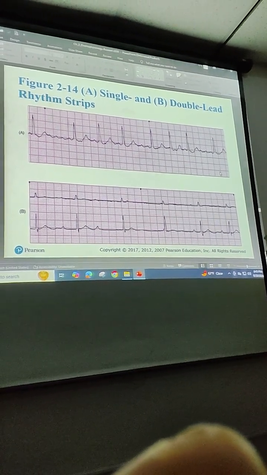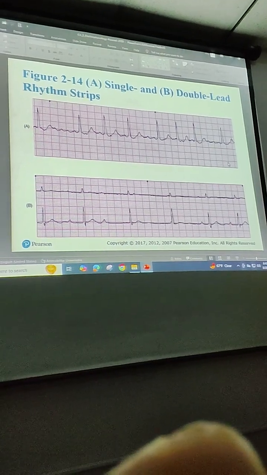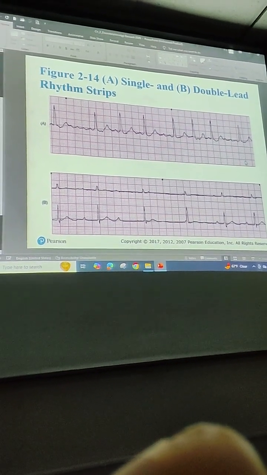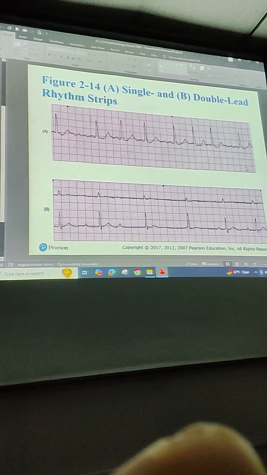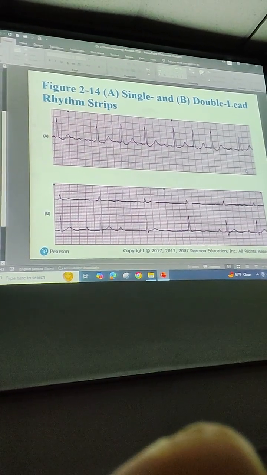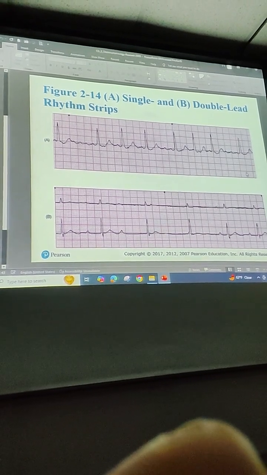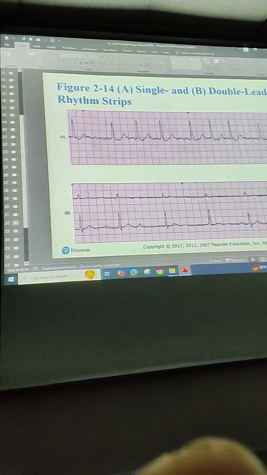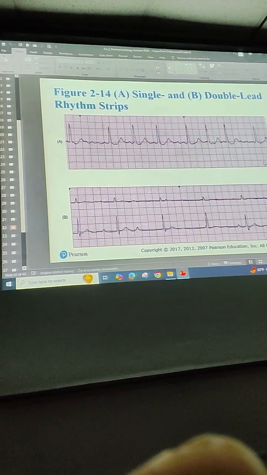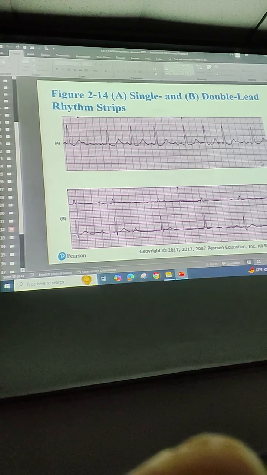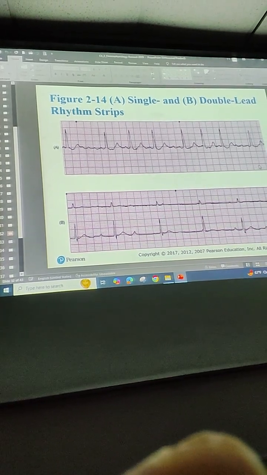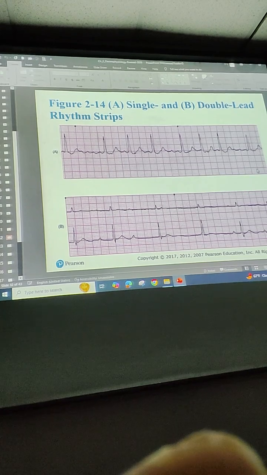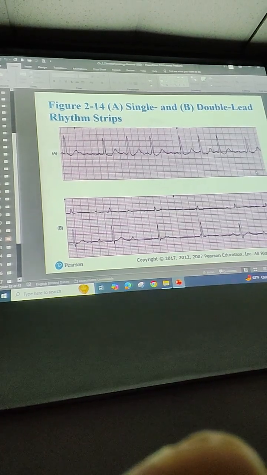Nowadays, the beauty of technology is that they have a machine that prints the entire 12 leads on one page. I'm not going to start speaking without knowing what machine they use here, right? Back in the day, there was a big single strip, like the receipt that they roll, and then you had to cut and paste everything in order: lead 1, 2, 3, aVR, aVF, aVL, V1 through V6.